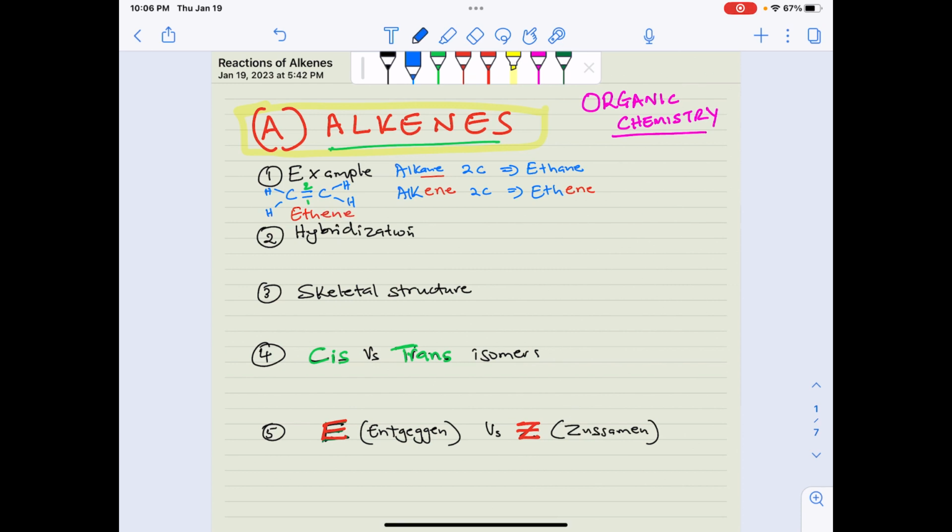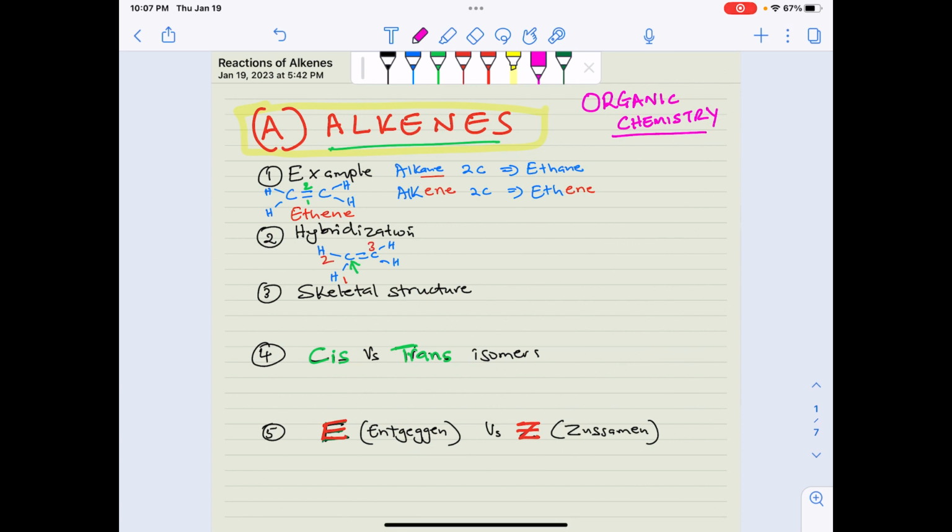Next, hybridization. Hybridization basically refers to the type of orbitals that are used in the molecule. So if you look at an alkene, HC double bond CH, that's the simplest alkene. The carbon here is bonded to 3 things, 1, 2, and 3.